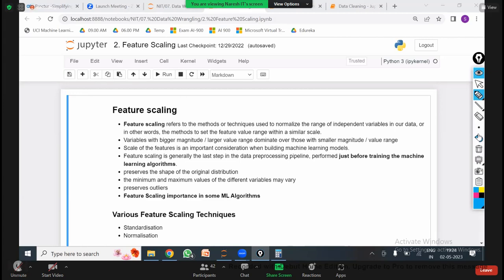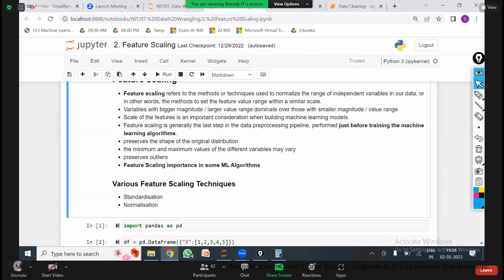Because we want to give everything equal priority. For that, you are going to apply the scaling.